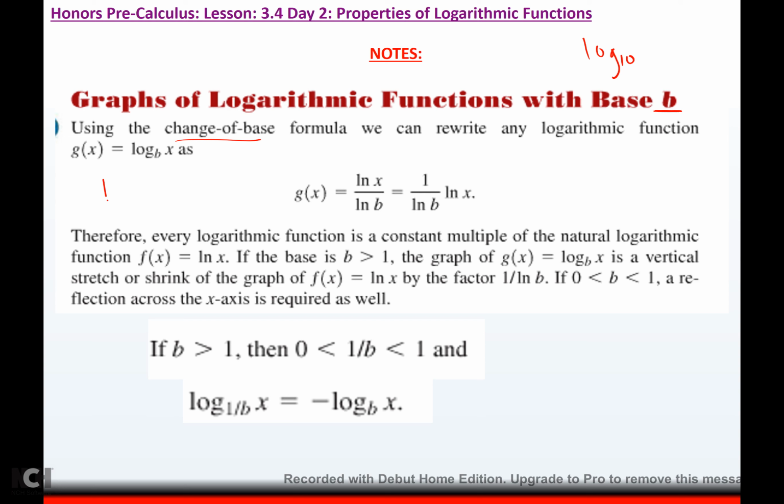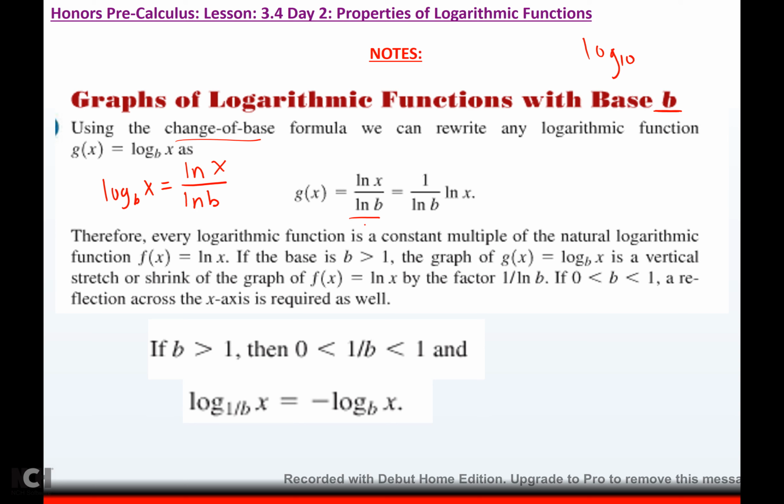So if I take log base b of x, remember I can use change of base, I can change it to any one I want. So I can change this to natural log of x divided by natural log of b, and that's where they're getting this from, okay?